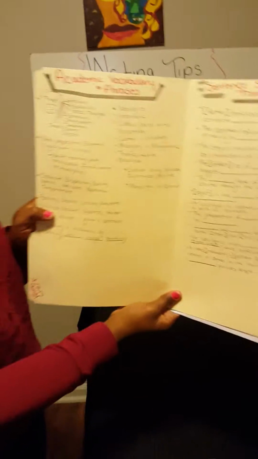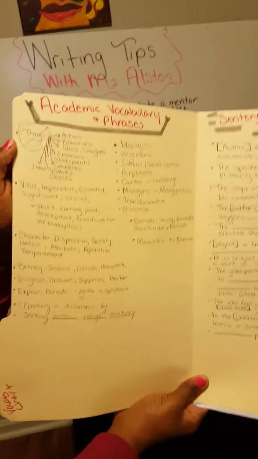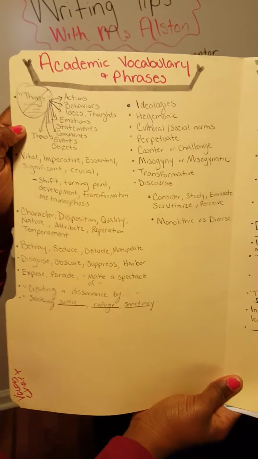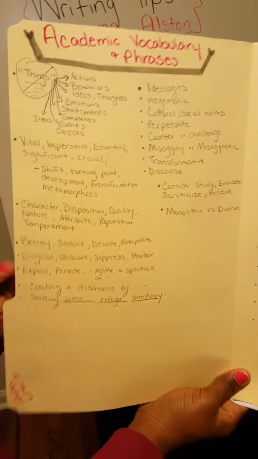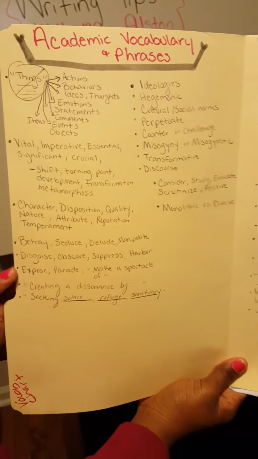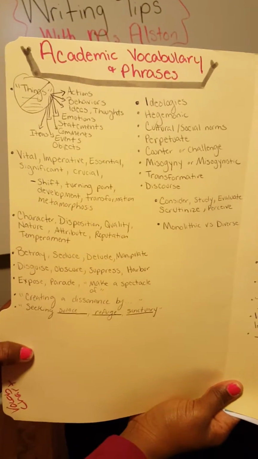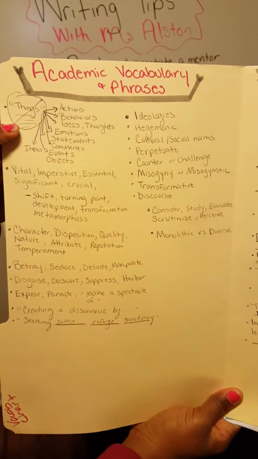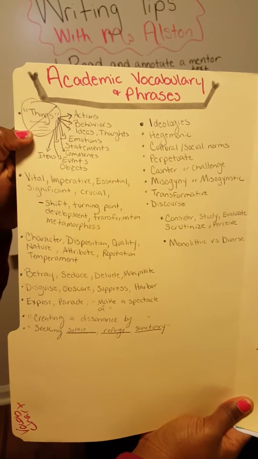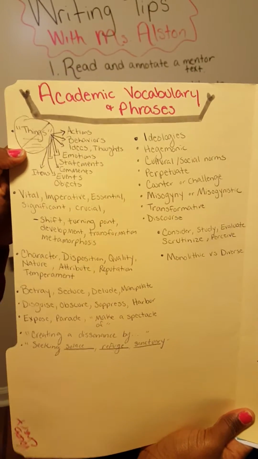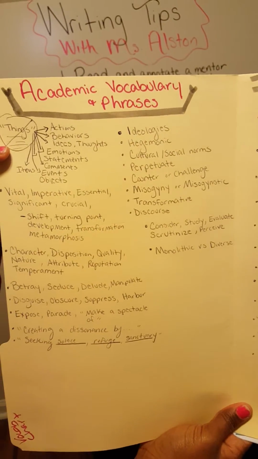we have one side in which we're looking at academic vocabulary and phrases. You will be adding to this throughout the semester, and don't be scared if you do not get all these words down today, of course. For example, instead of saying "things," so that you're being more specific, you can say actions, behaviors, ideas, emotions, statements, comments, items.